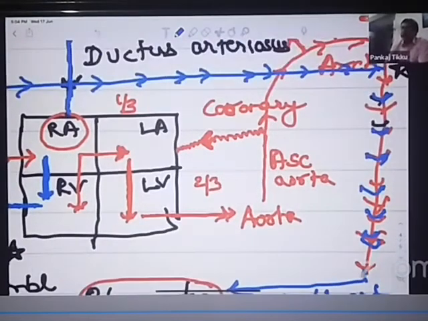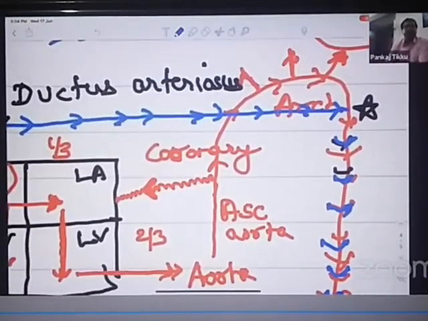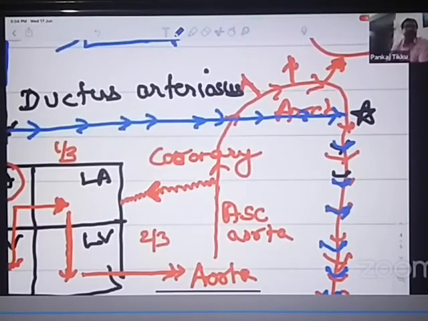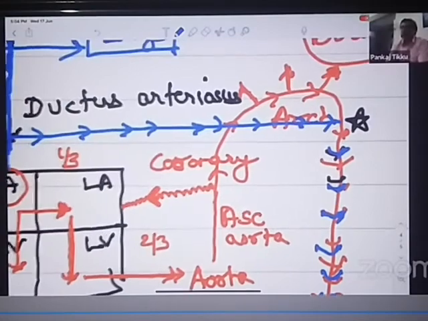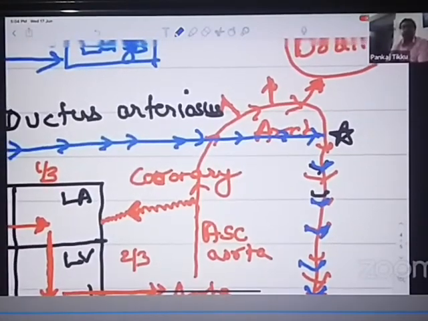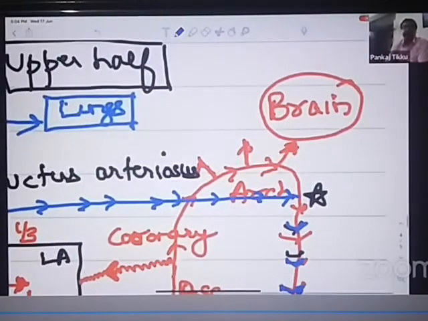This blood from the aorta then goes up into the ascending aorta, and the coronary circulation, the circulation to the heart, is arising from the ascending aorta. So the heart is receiving oxygenated blood. Then this ascending aorta blood goes up into the arch of aorta, and the arteries which supply the brain, including the carotid, are arising from the arch of aorta. So the brain will receive oxygenated blood.